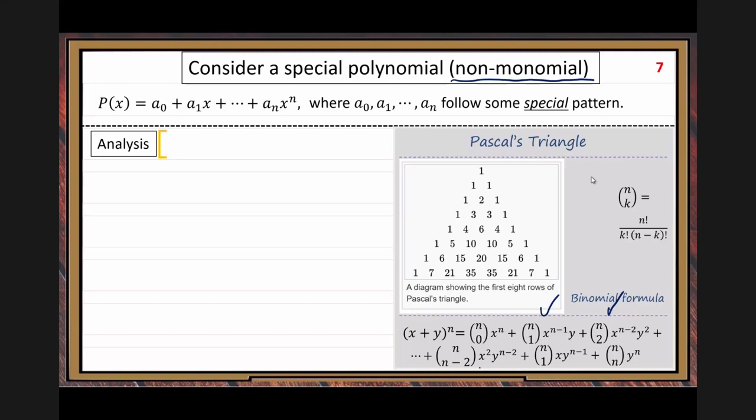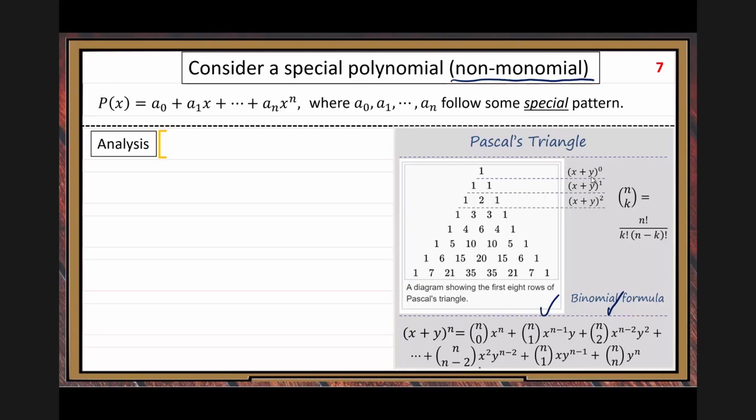With this definition, the top row corresponds to the binomial expression with n equals 0, and anything to the 0 is 1. The second row corresponds to the coefficients of x plus y to the first, n equals 1, so 1, 1.